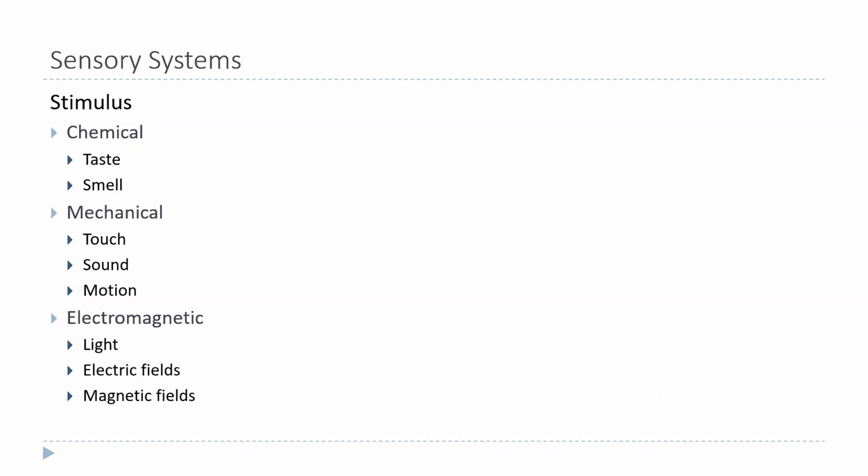So that's what we're going to be talking about. This chapter will deal with the chemical stimuli, and then we're going to talk about the somatosensory system and the auditory system later, and then we'll also be talking about the visual system as we go along.